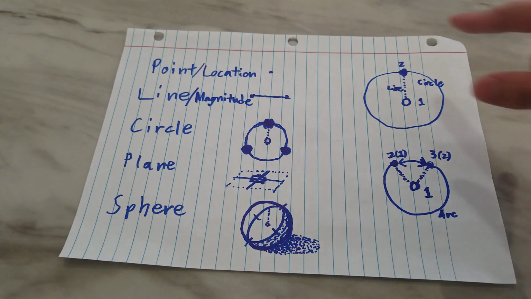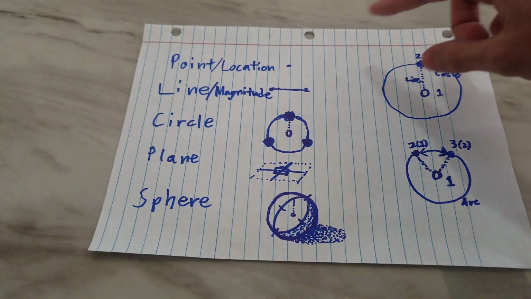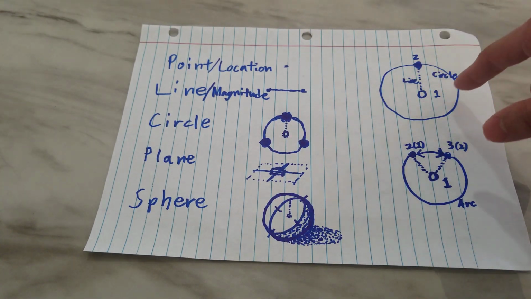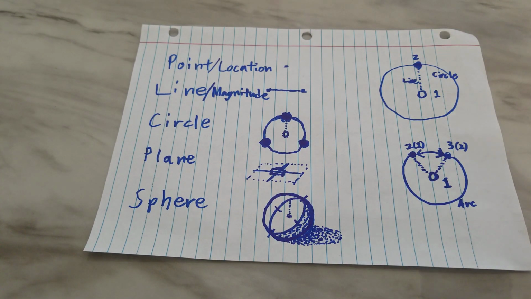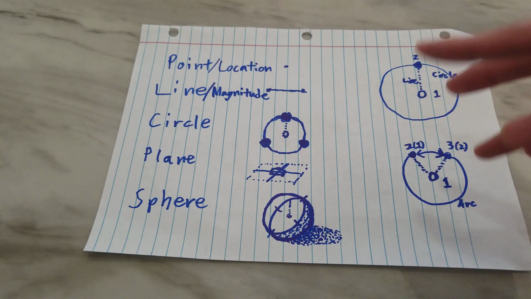And even though the circle has 2 points, it also is 3 upon itself, upon the circle, in order to realize its aspect as a two-dimensional figure upon a plane.